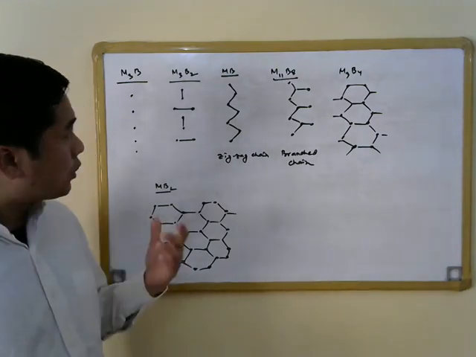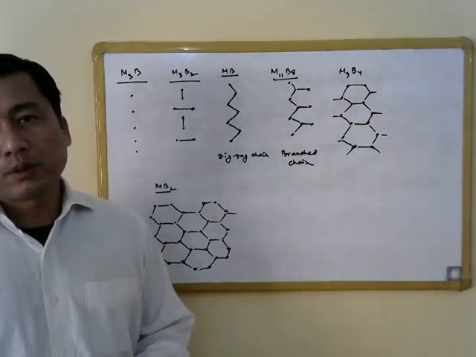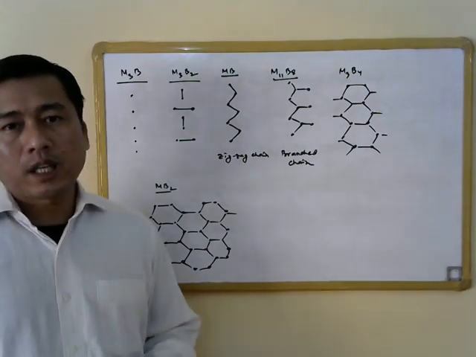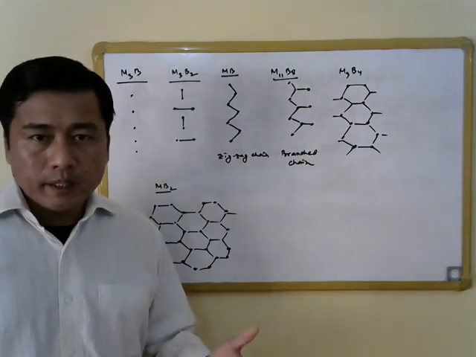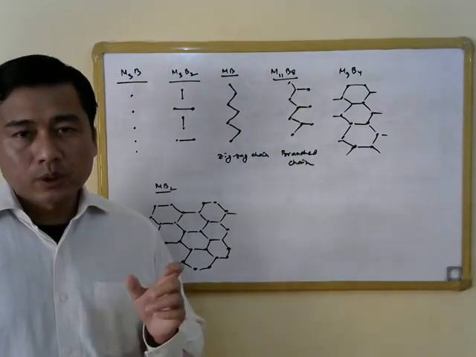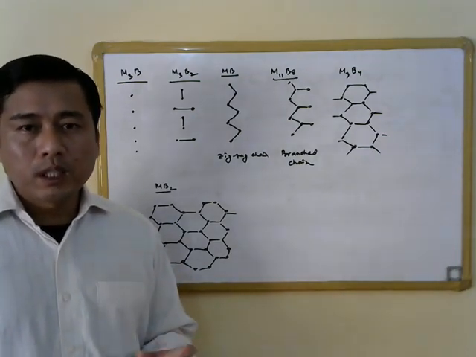Then we went on to discuss more about the structure of these metal borides, or the kind of catenation that happens in metal borides, or the kind of linkages or structures formed by the boron atoms in these metal borides.